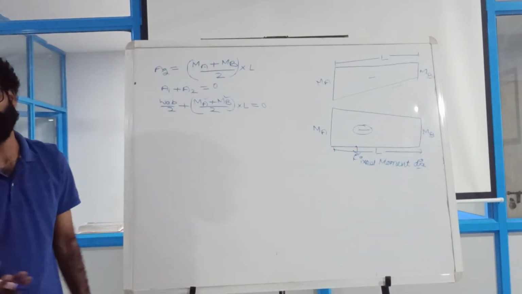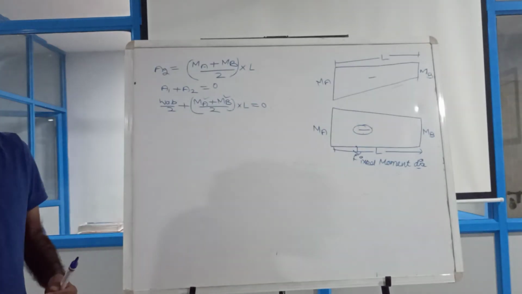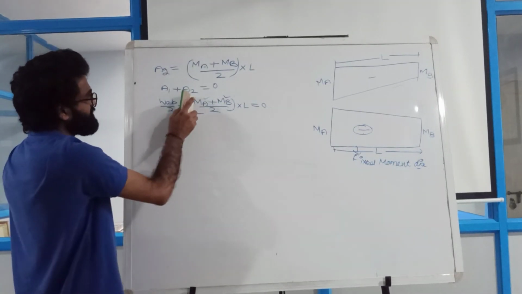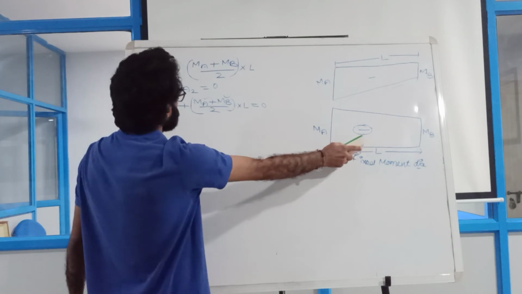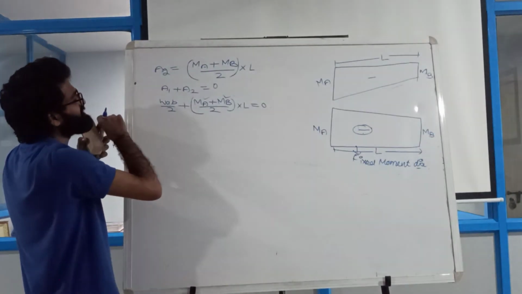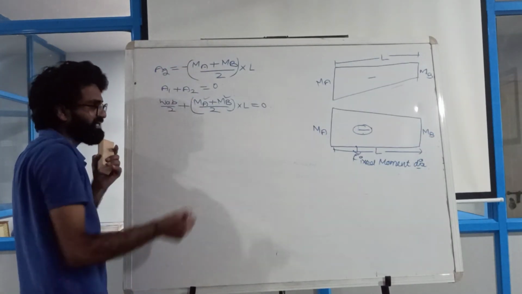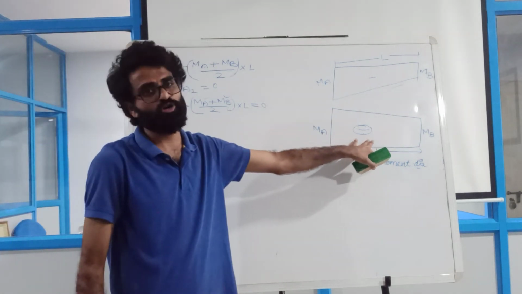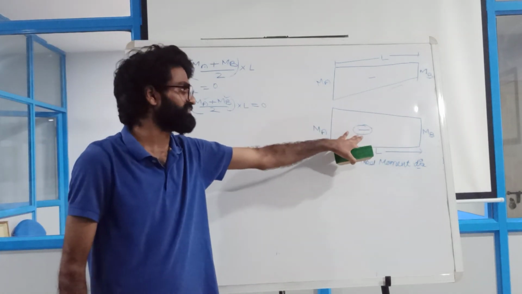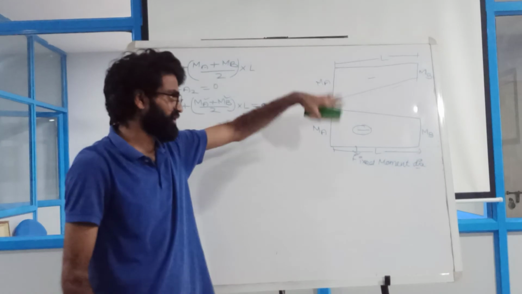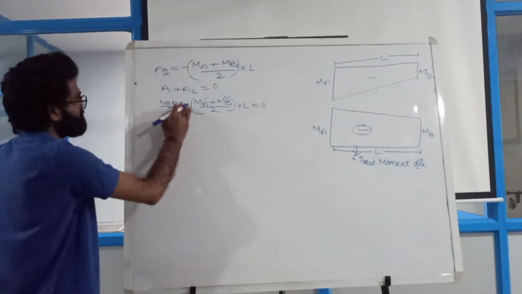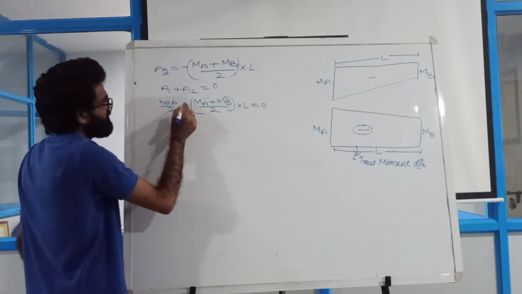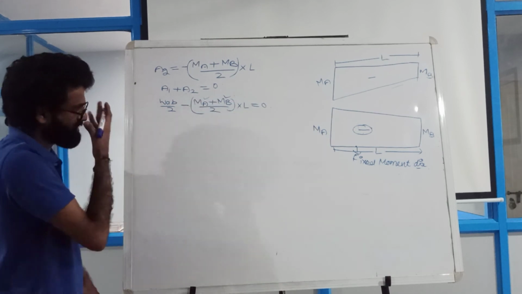I hope you noticed. This A2 is the area we calculated here, and this area is negative. Why is it negative? That's why I told you we have to be careful with the signs. Because this value came in the downward direction, it is negative. So that's why we have to be careful.